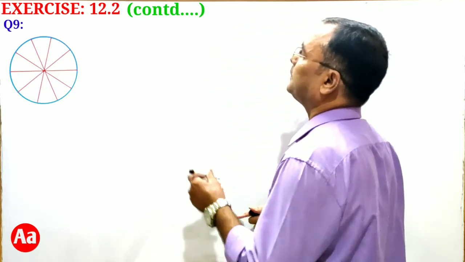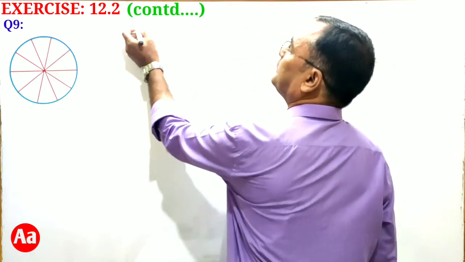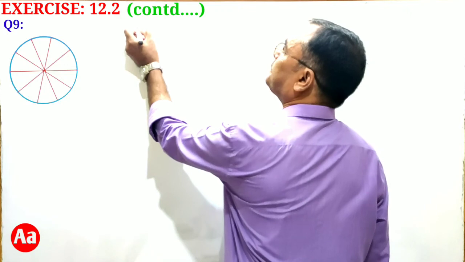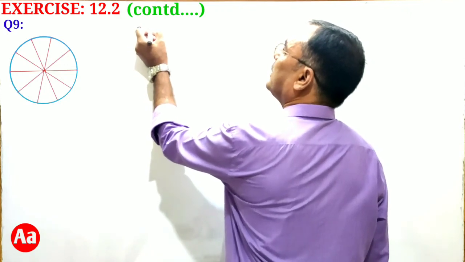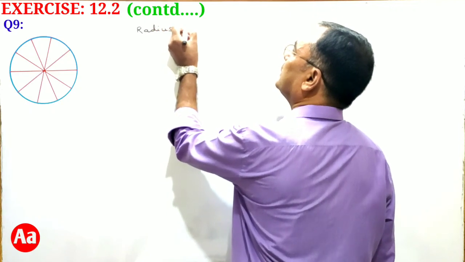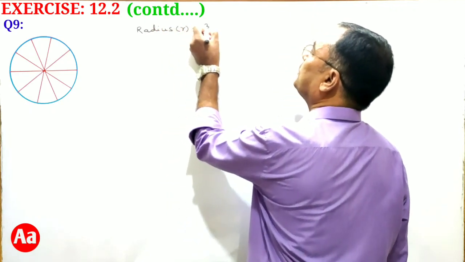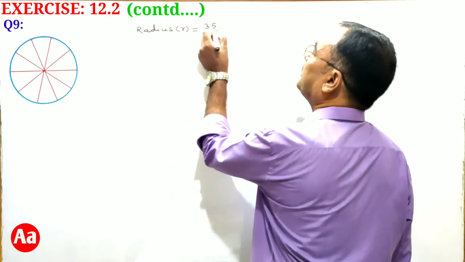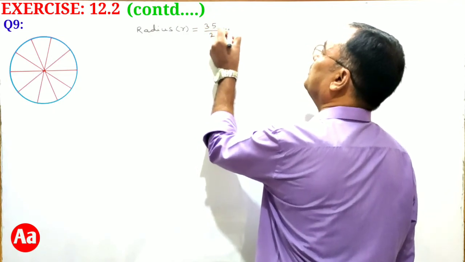So diameter is given, so we can write radius R is equal to 35 by 2 millimeter.